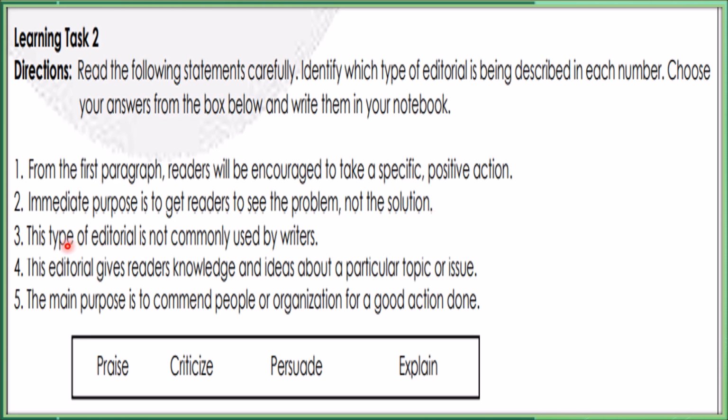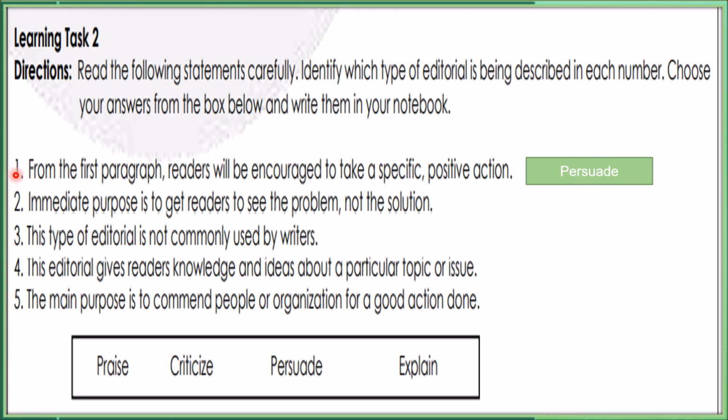The third one, this type of editorial is not commonly used by writers. Number 4, this editorial gives readers knowledge and ideas about a particular topic or issue. Then number 5, the main purpose is to commend people or organization for a good action done. So, are you ready to answer now, kids? Okay, let us answer now.